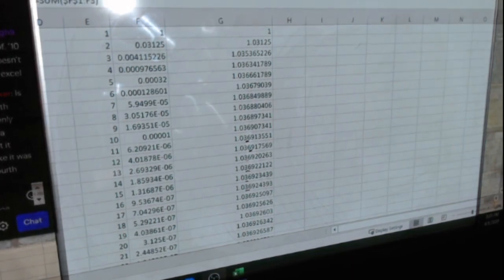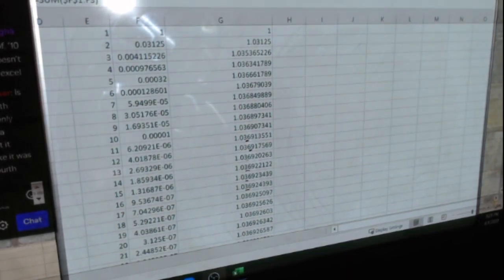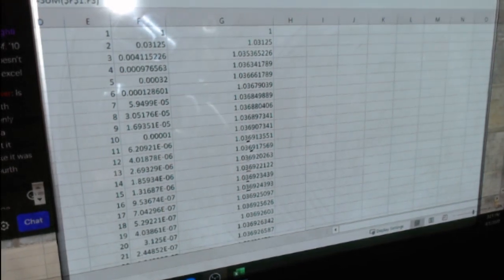So again, if you look here, notice that as the sum is accumulating, we start with 0.03, then 0.035, 0.036. That 6 continues on. The next digit grows to a 9 and continues.